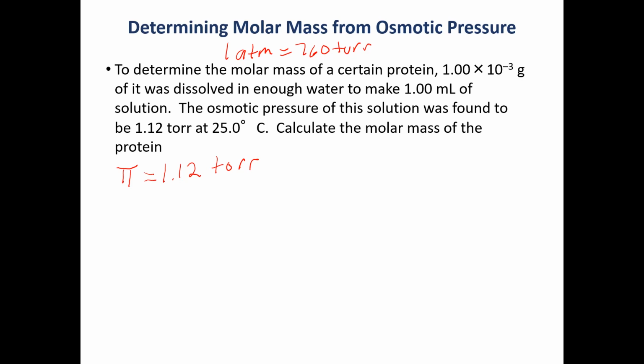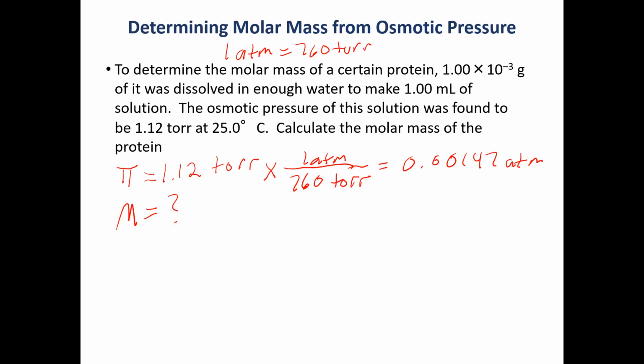On a quiz or an exam, you would be given that information, so you don't need to memorize it. So we have 1.12 divided by 760, which is equal to 0.00147 atm.